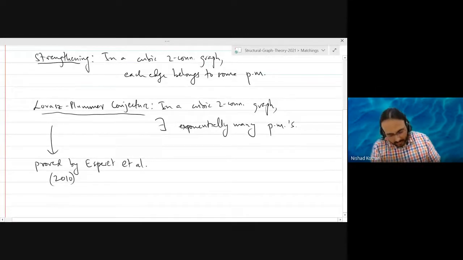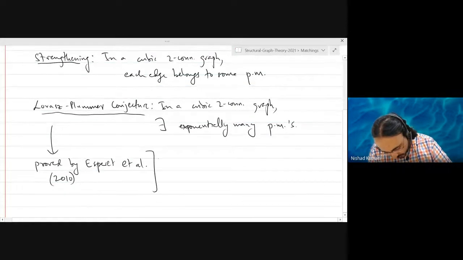And in particular, what they proved is the following theorem.